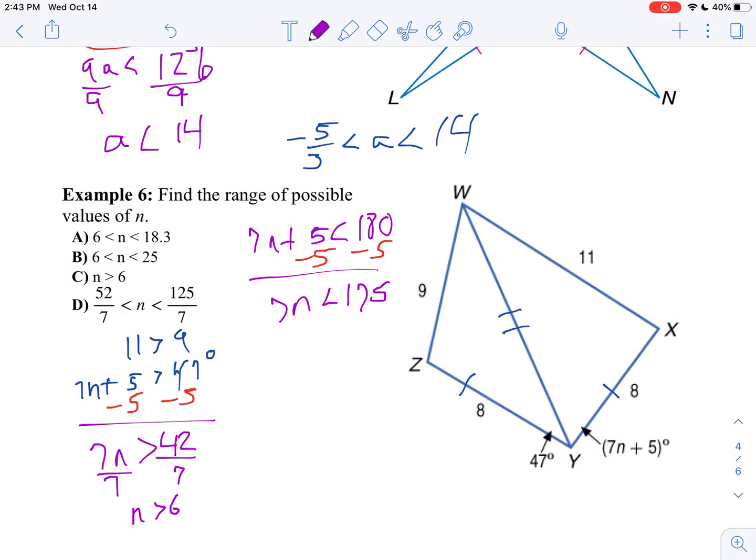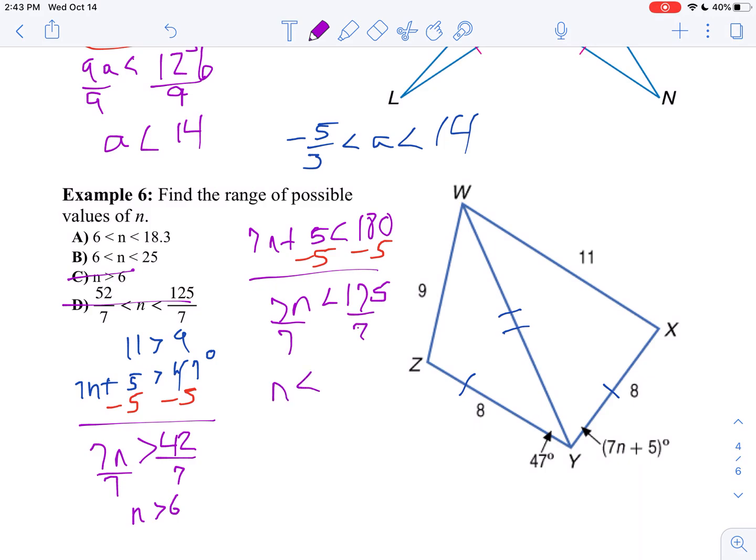Well, we can definitely see the answer is not C, because there's two answers. It's in between. It's not D. We're going to divide both sides by 7, and our answer is either going to be 18.3 or 25. Well, I'm pretty sure it's 18.3 because when you divide by 7, we're not going to get a nice whole number, are we?